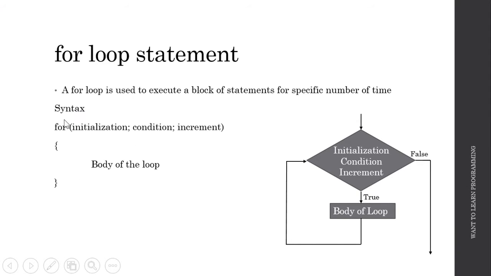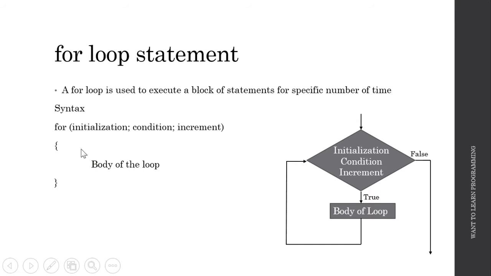First, when the compiler encounters the for keyword, it first initializes the variable. After initializing, it checks if the condition is matched or not. If the condition is true, then it goes to the body of the loop and executes it.